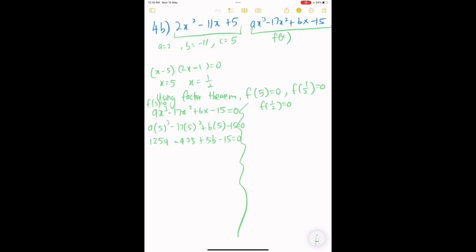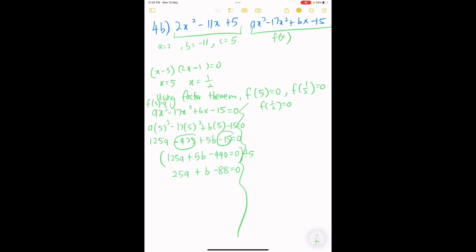Okay, so from here, this one and this one can solve, and you will get 125a plus 5b minus 440 equals 0. So you see, from here you can make it a simpler equation, which is divide by 5. It will give you 25a plus b, 440 divided by 5 give you 88 equals 0.